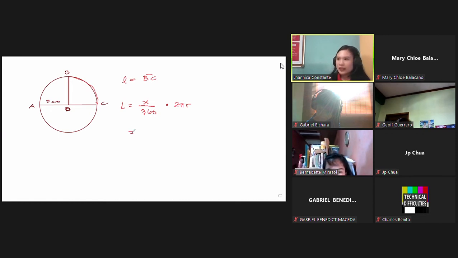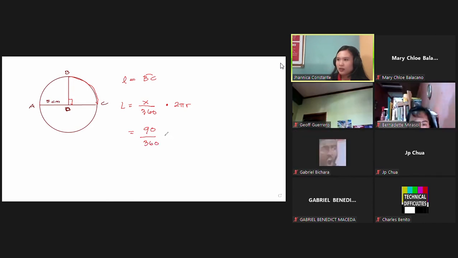The central angle in our circle is a 90 degrees angle. So we have 90 divided by 360 times 2 times pi times the radius. So 2 times 3.14 times the radius, which is 5 centimeters.